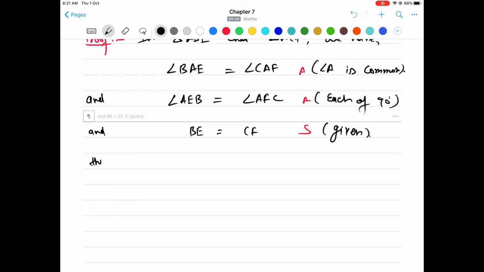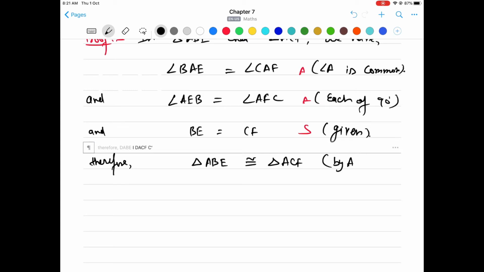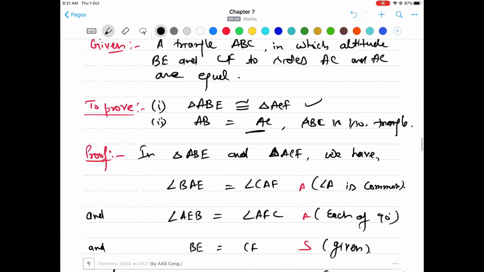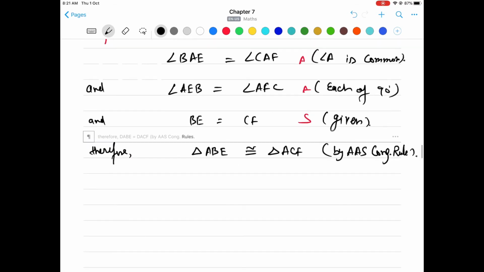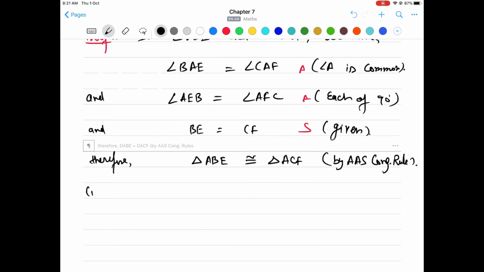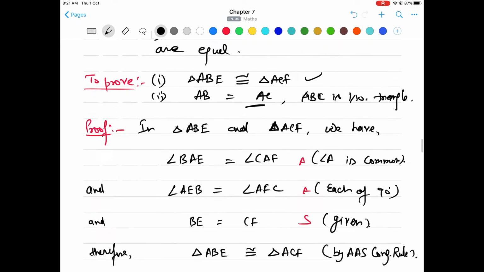So, therefore, triangle ABE is congruent to triangle ACF by the AAS congruency rule. Okay, so that's what we are asked to prove in the first part. Now come to the second part. We have to prove that AB is equal to AC.